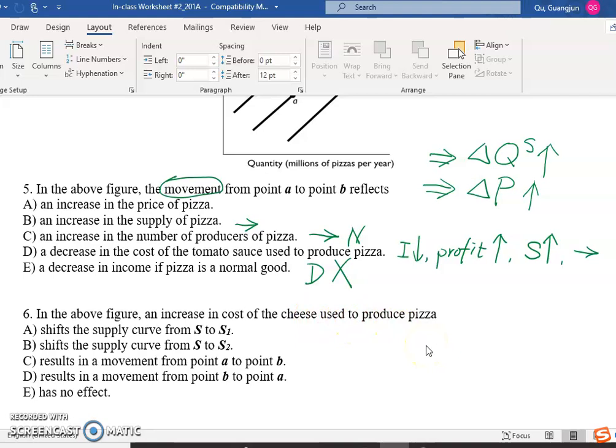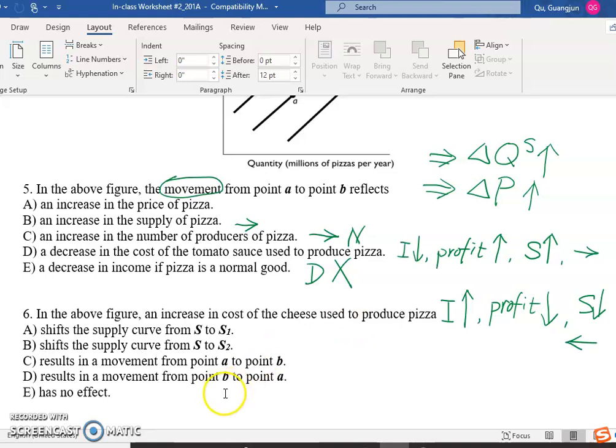Again, the TERNIP here is going to be the input cost, but in this case, input cost actually goes up. That leads to a lower profit margin. So by producing each pizza, you can make less money, right? So the supply goes down, and we're supposed to see a leftward shift of the supply curve.